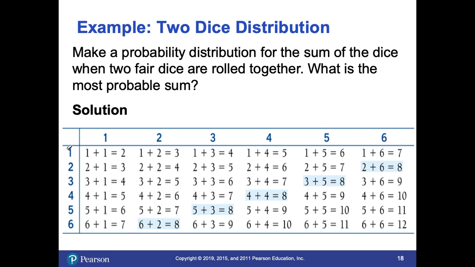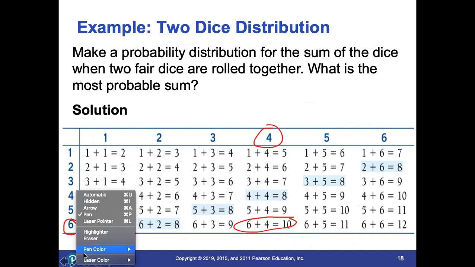Or let's do something a little more random. Let's say we rolled a 4 and a 6. Well, right here, 4 plus 6 is 10. That's another possible outcome, that you roll a 10.